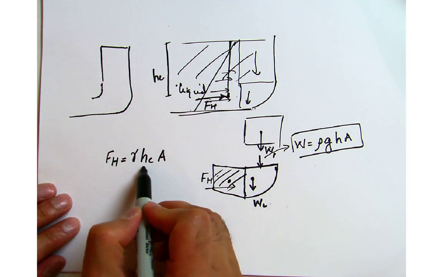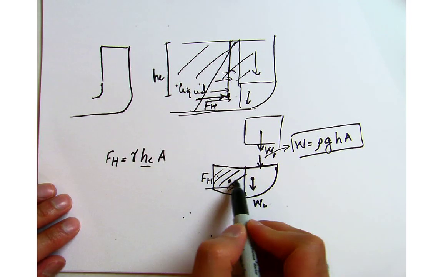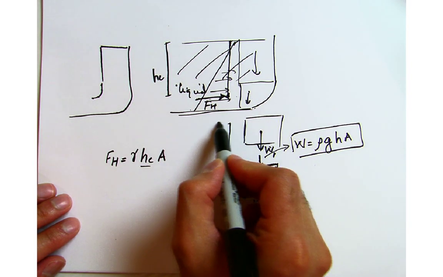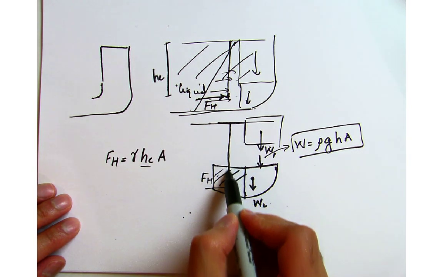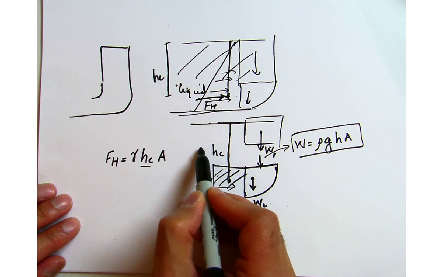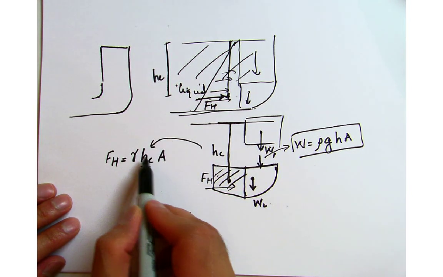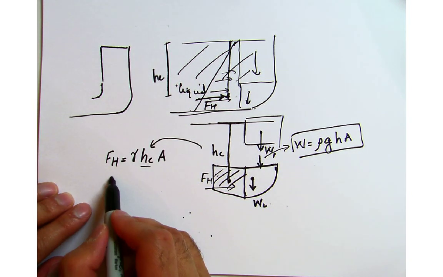That's the distance from the centroid to the top of the fluid layer. So this is where the fluid is starting. This distance is our h_c. That is the distance you need to put in here to find your horizontal force.